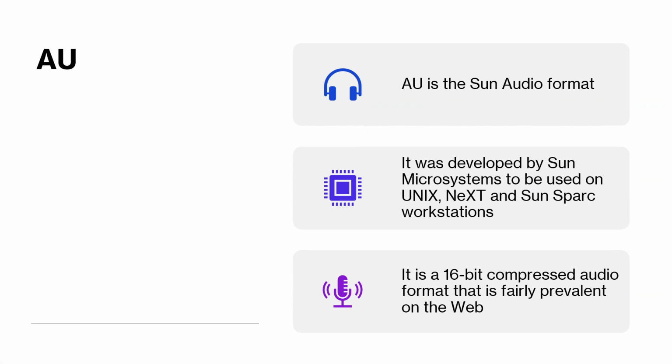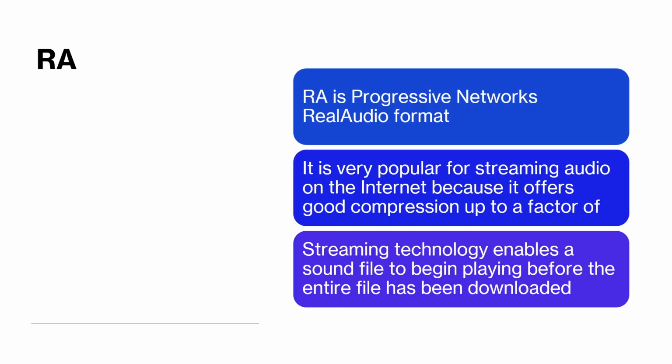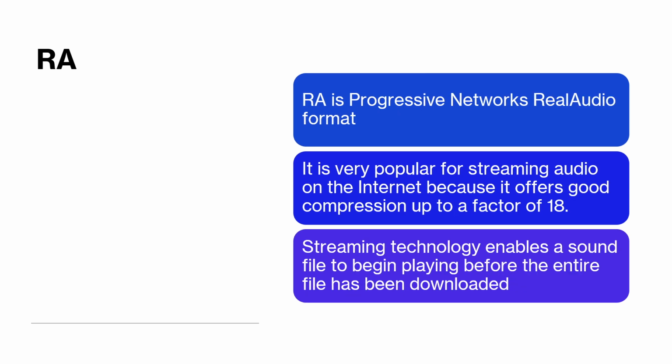All right, now let's talk about the next one, which is RA. RA is the Progressive Networks RealAudio format. It is one of the very popular formats for streaming audio on the internet, and the reason is that it offers good compression up to a factor of 18. I'm sorry about the omission.